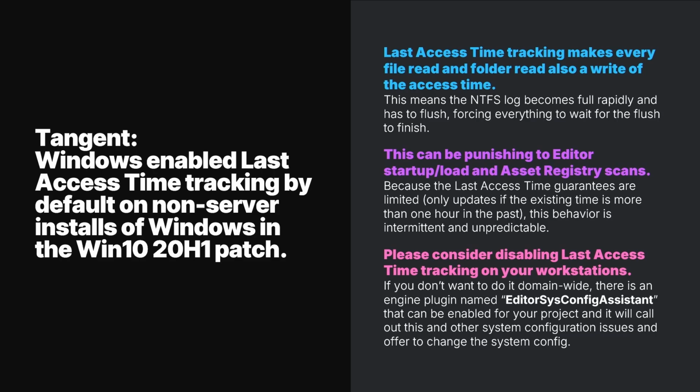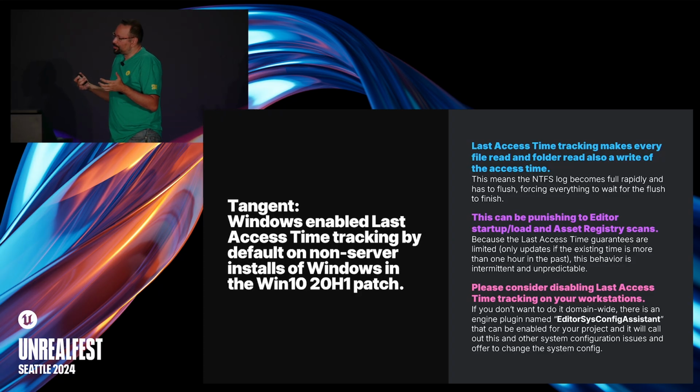The end result is that it can be punishing to editor startup and load times and asset registry scans. This is very difficult to profile because of the way last access time tracking works on Windows, where it only updates if the last access time was greater than 1 hour. So run to run, it can behave very differently.